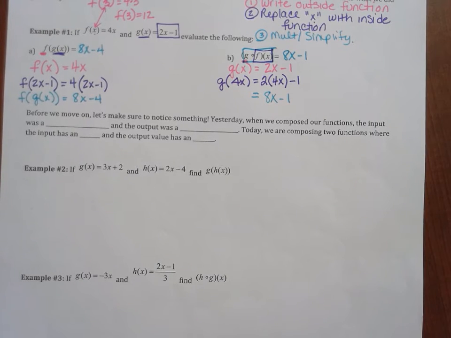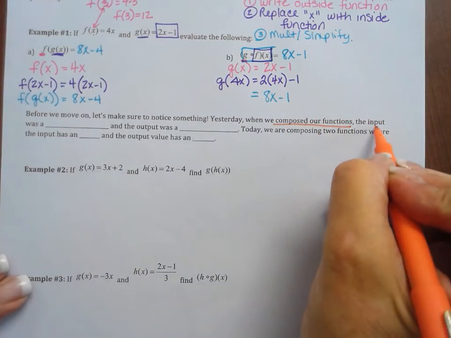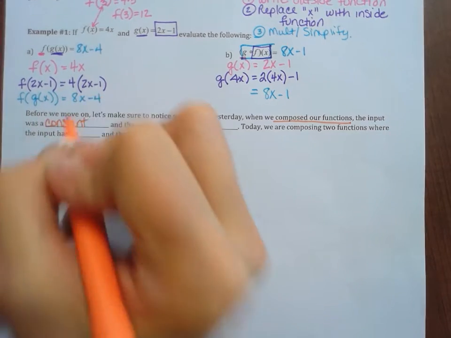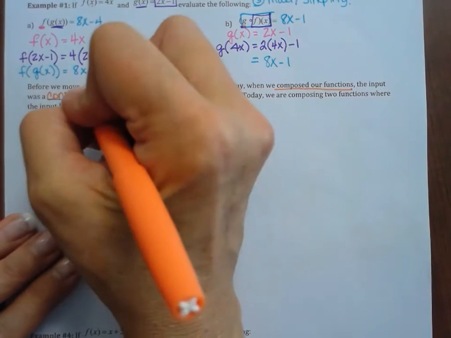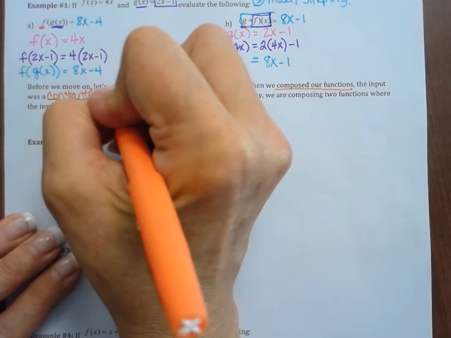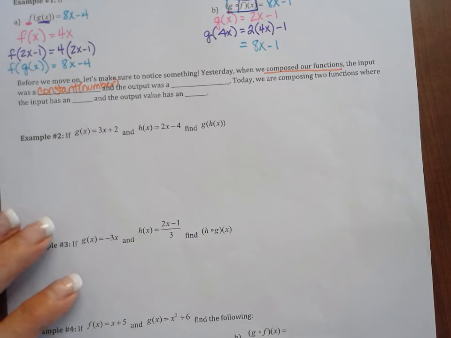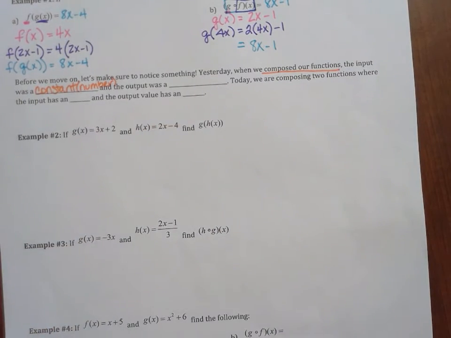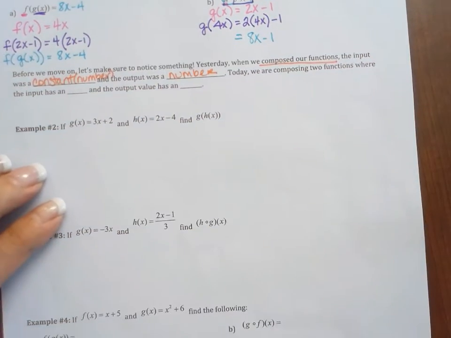Okay, so remember, let's make sure we're noticing something, all right? Yesterday when we coded our functions, our inputs was a constant. What's it mean to be a constant? What is a constant? A number. A constant's just math speak for a number. And the output, what we got out every time, was also a number.